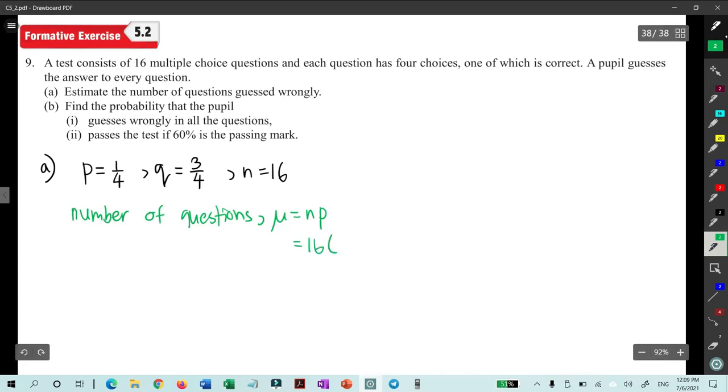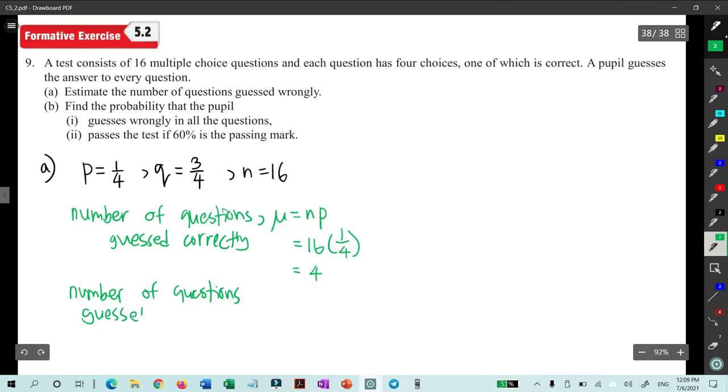So 16 times 1 over 4 is equal to 4. So the number of questions guessed correctly is 4. Number of questions guessed wrongly is equal to 16 minus 4, which is equal to 12.